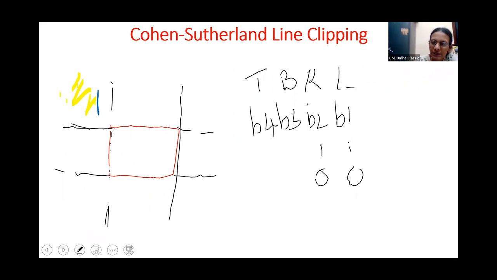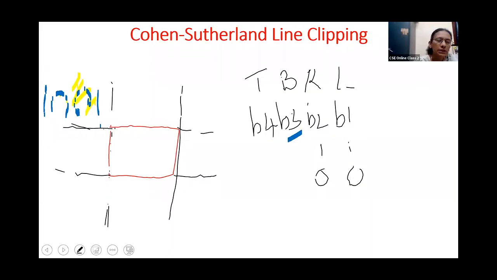The points in this region are not to the right of the right boundary, so that bit is set to 0. Now the third bit: these points are not below the bottom boundary, so again it is set to 0. Now these points are above the top boundary, so this bit is set to 1. So the region code for this region is 1001.